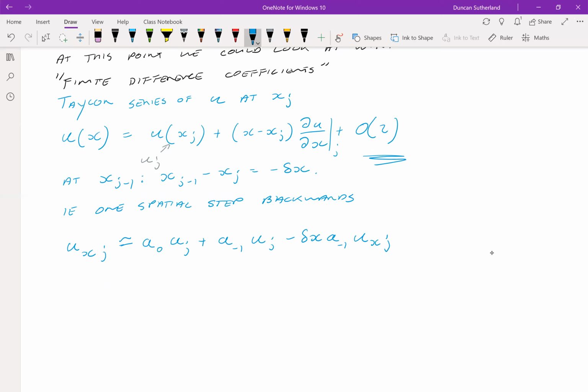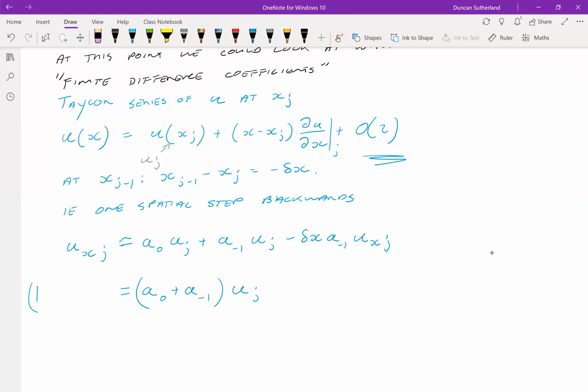So I've got to form up my coefficients. So I could take this over the other side. Actually, I don't like that.